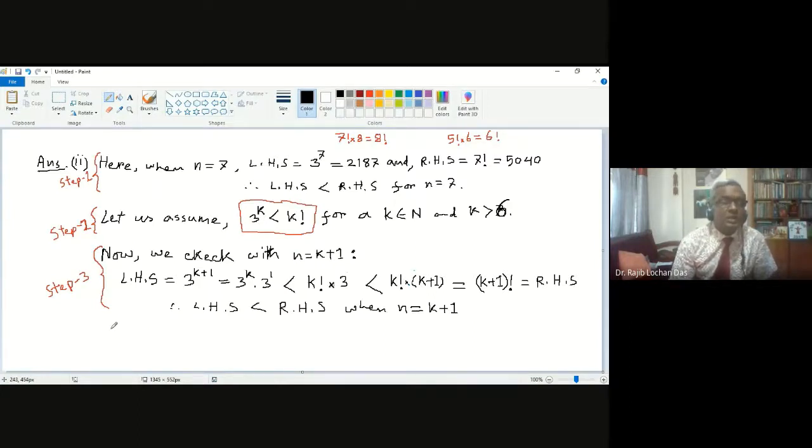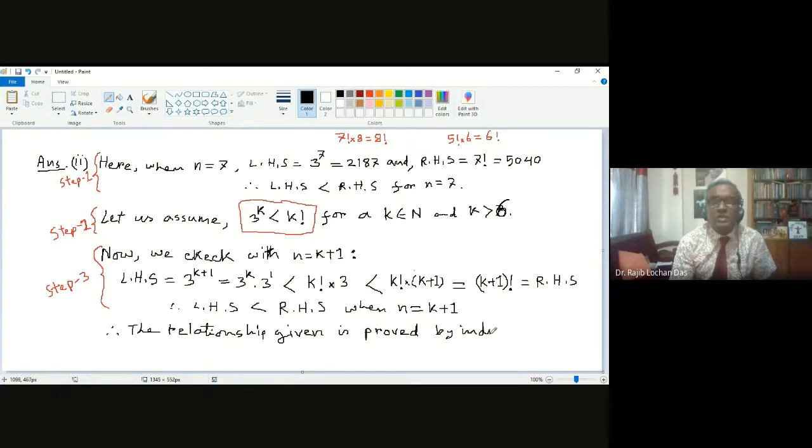So you can write: therefore the relationship given is proved by induction.